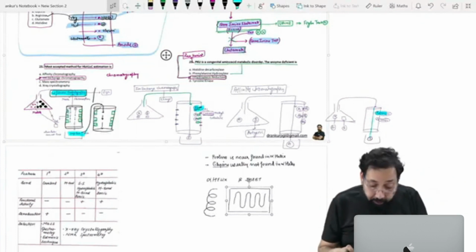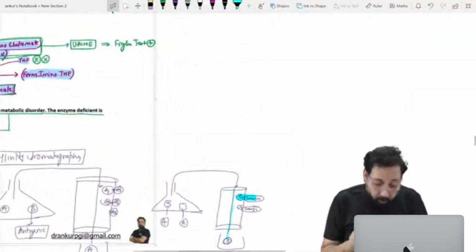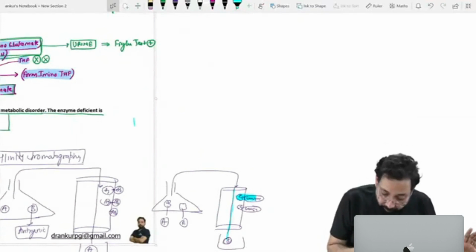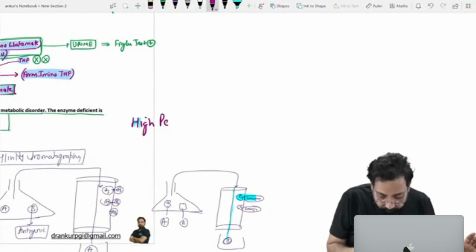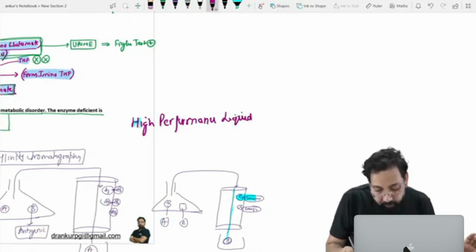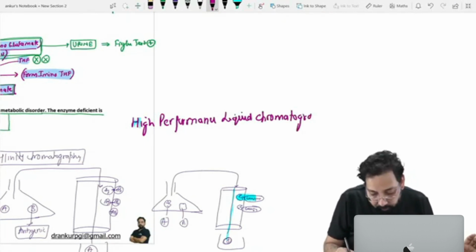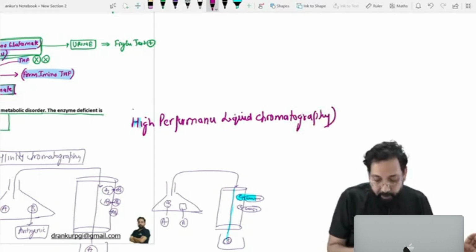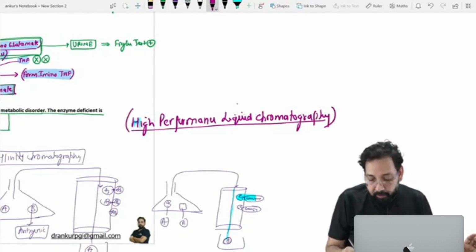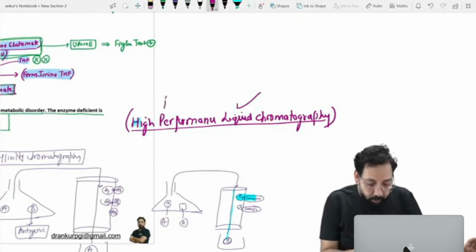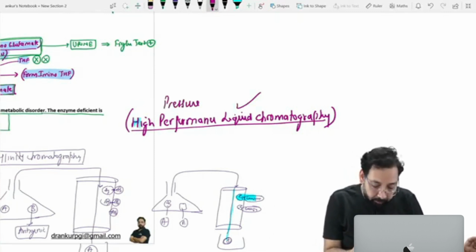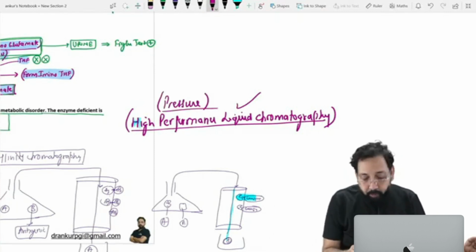What is high performance liquid chromatography? Last topic, high performance liquid chromatography, or high pressure liquid chromatography.